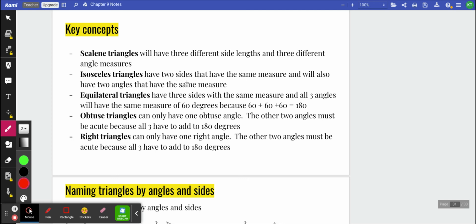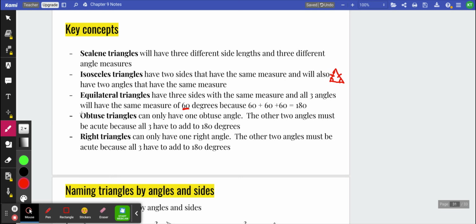You'll also have two angles that are the same, right? Meaning if I draw a quick sketch, if those sides are the same, these angles will also be the same. And then equilateral triangle, since three sides all have the same measure, the three angles will also have the same measure, and they have to be 60 degrees because 60 plus 60 plus 60 equals 180.